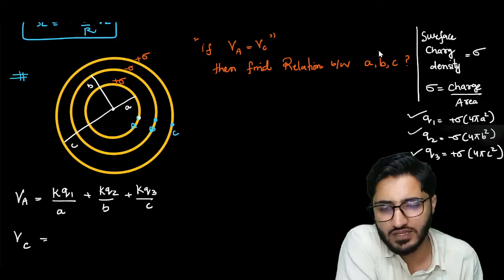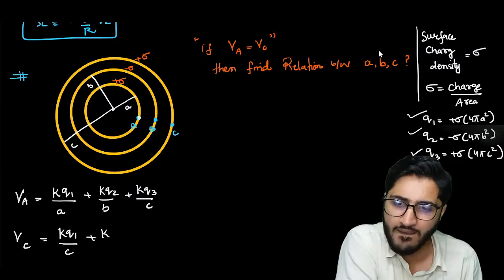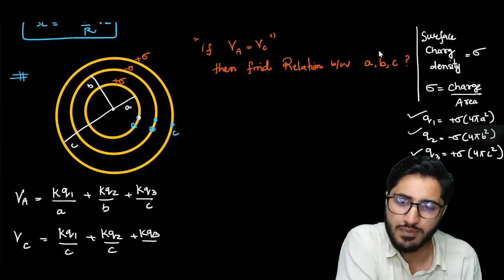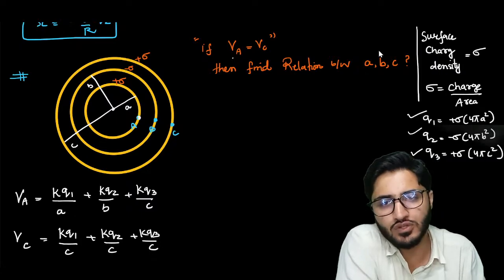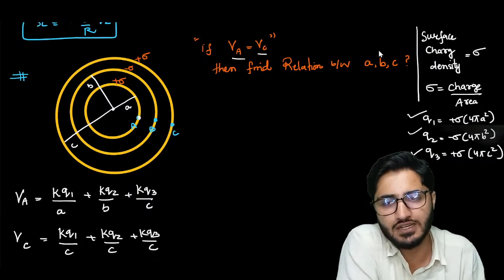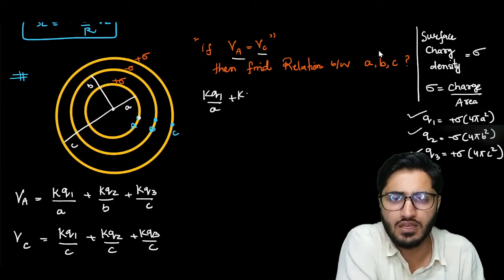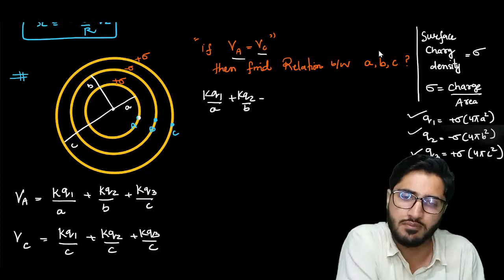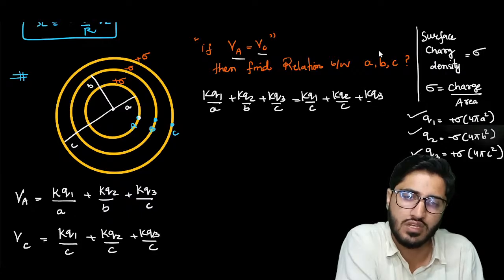VC is K Q1 by C, K Q2 by C, K Q3 by C. As per the question, VA and VC are both equal. So K Q1 by A plus K Q2 by B plus K Q3 by C equals K Q1 by C plus K Q2 by C plus K Q3 by C.